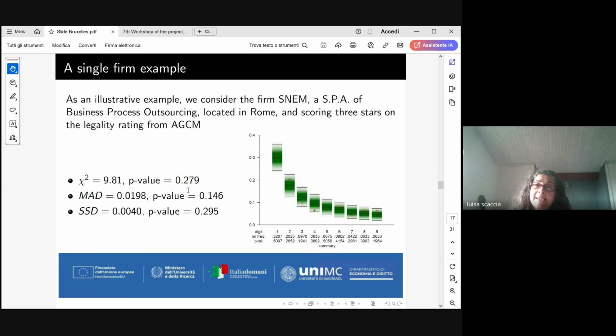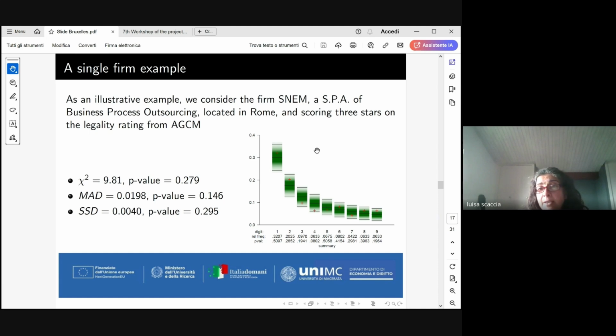Here is an example for one firm, SNEM, located in Rome. This is a firm that obtained a maximum score, a 3-star score, on the legality rating released from the Italian Authority for Competition and Market Regulation.